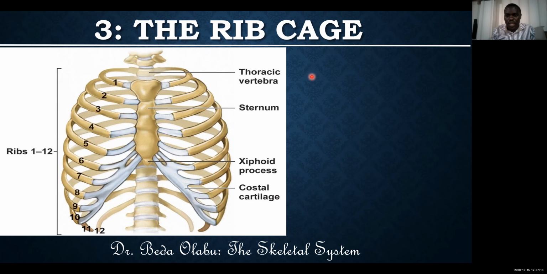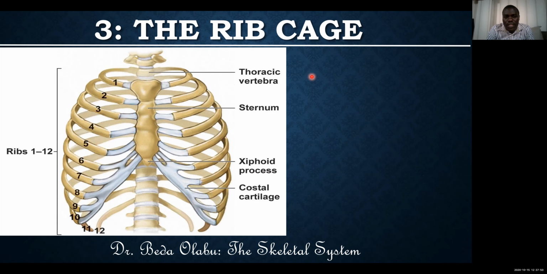So remember, we are looking at the skeletal system. We have said that we have the axial skeleton and the appendicular skeleton. For the axial skeleton, we have the skull, the vertebral column, the rib cage, and the hyoid bone.